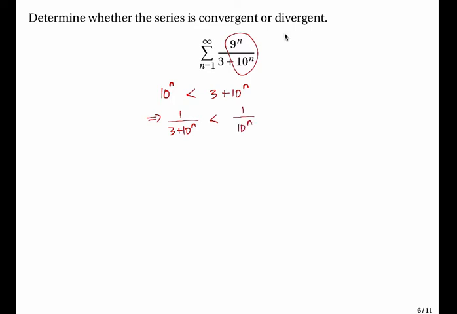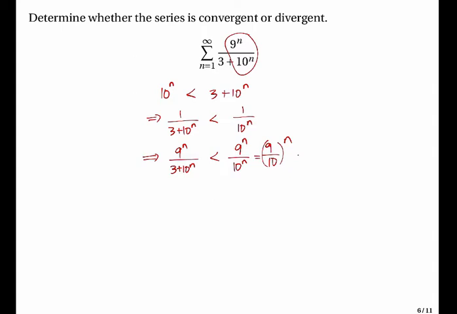And of course, if we multiply both sides of the inequality by 9 to the n, and since 9 to the n is positive, the inequality won't change. So 9 to the n over 3 plus 10 to the n will still be less than 9 to the n over 10 to the n. This can be written as 9 over 10, quantity to the n.